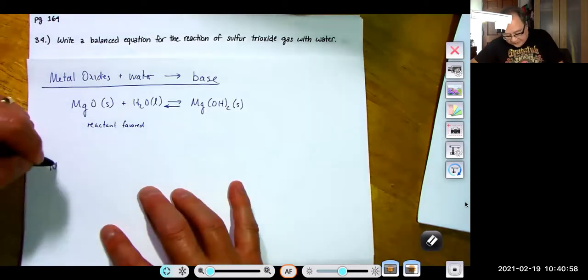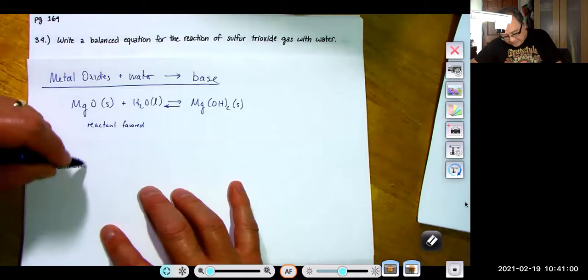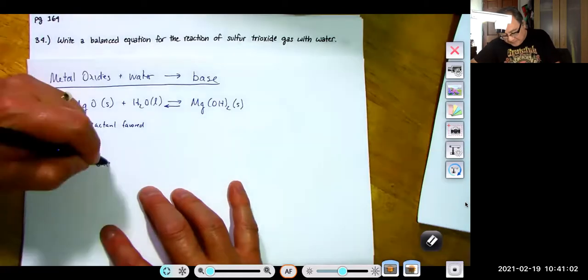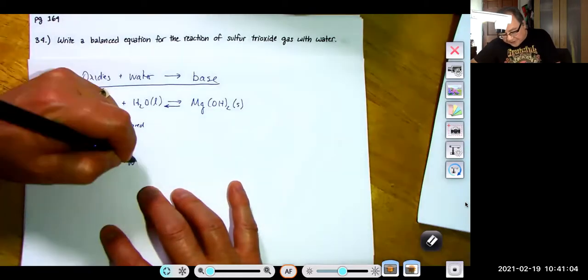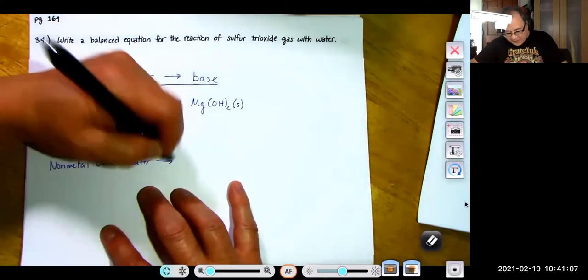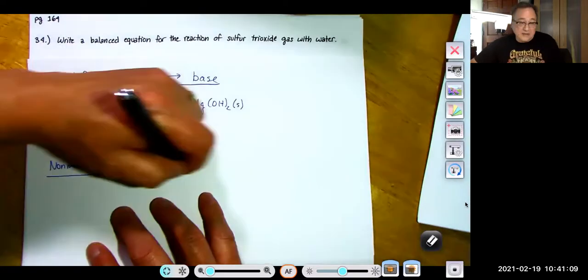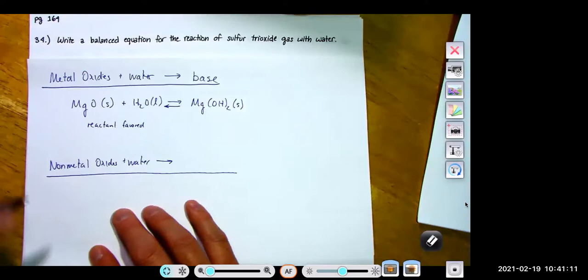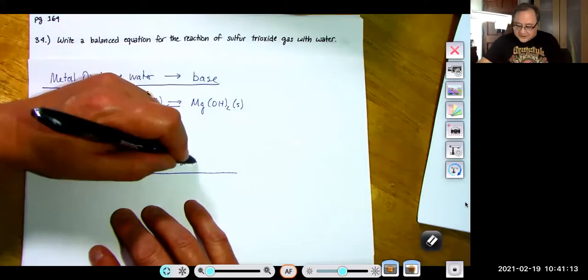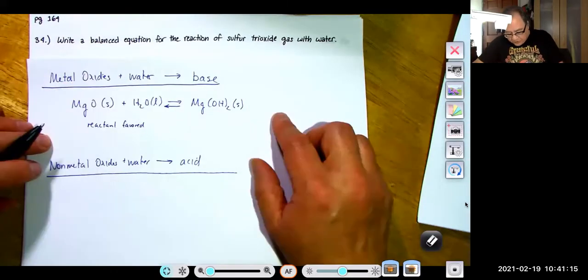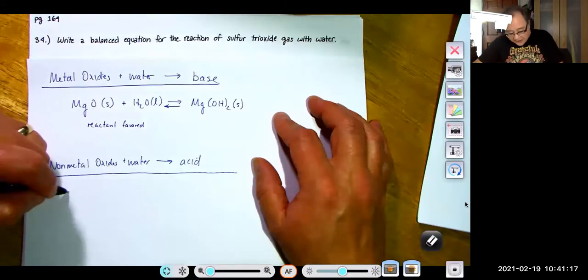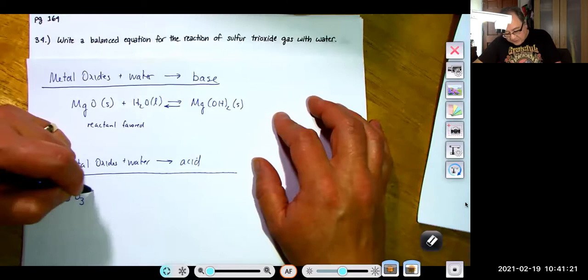Non-metal oxides and water do the opposite. They don't make a base. What do they make? An acid. So this is an example of that. I'm going to put my non-metal oxide, sulfur trioxide, plus water.